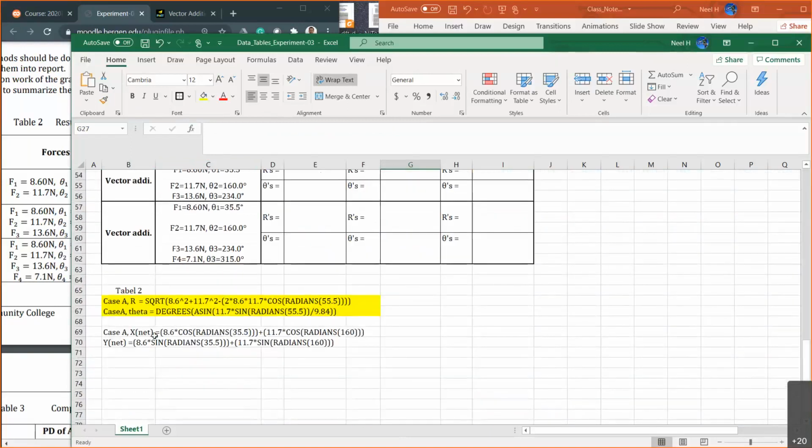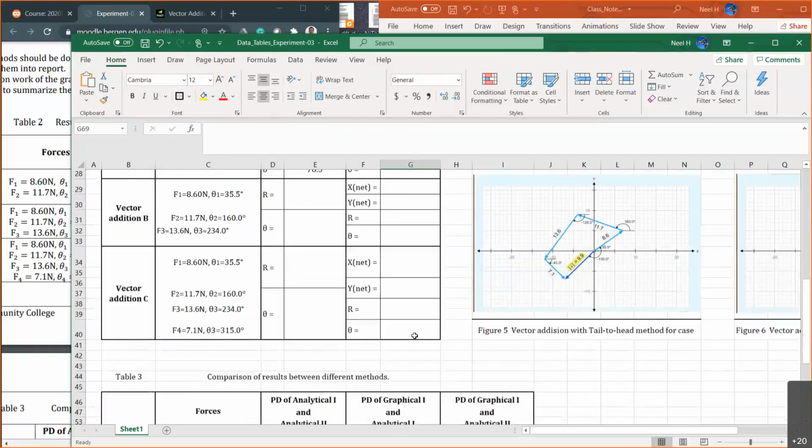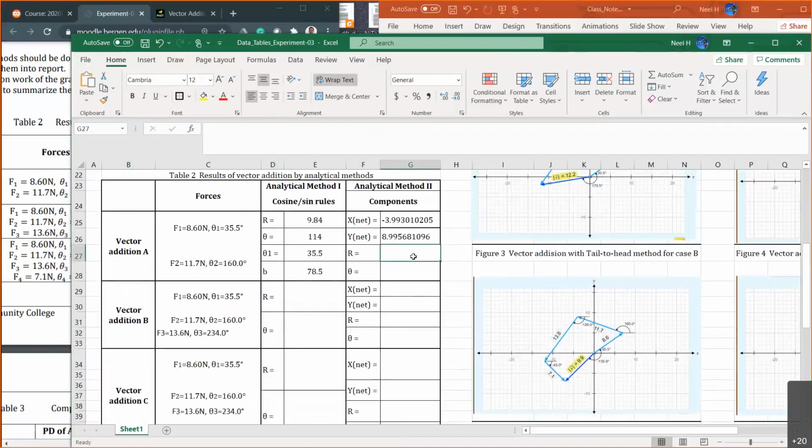Everybody okay with that function? Still we are working on case A, okay? Okay, let's do Pythagoras: equal sign, square root, parentheses, x to the power 2. Instead of typing the number, you can just click that cell.